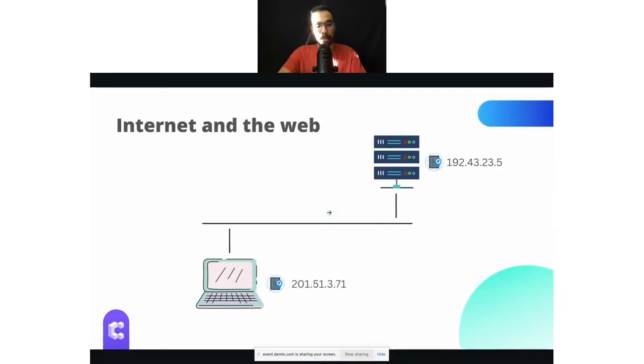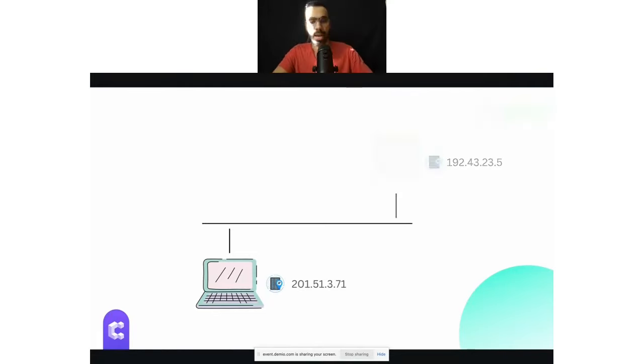Another thing to mention here is that every computer connected to the internet has its own Internet Protocol address, or IP address for short. For this example, let's say that this is our IP address, and this is the IP address of some kind of server on the internet that we're trying to reach or communicate with.